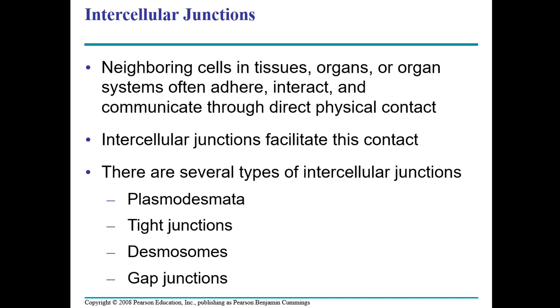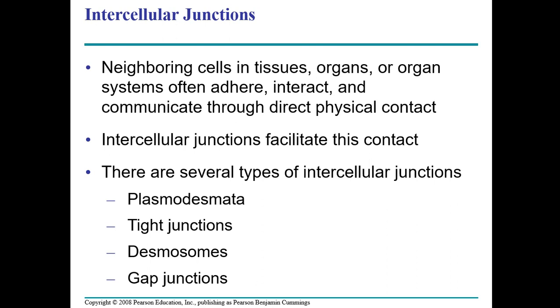Okay? So, intercellular junctions. Ito, we have plasmodesmata, tight junctions, desmosomes, and gap junctions. Pag sinabing intercellular, this connects one cell to the other cell. Or you call that class as surrounding or neighboring cells. They communicate, they are connected via direct physical contact.